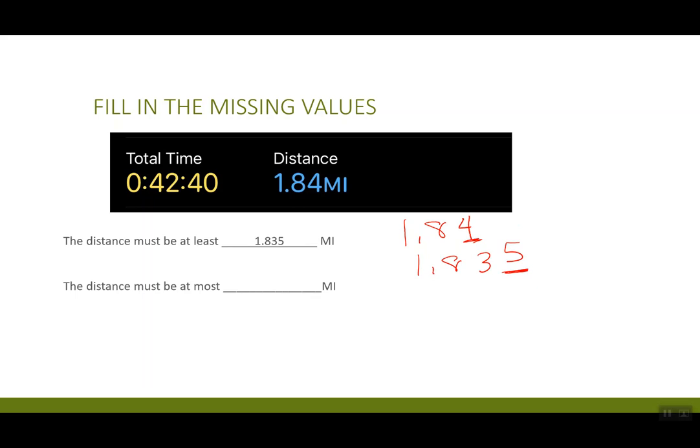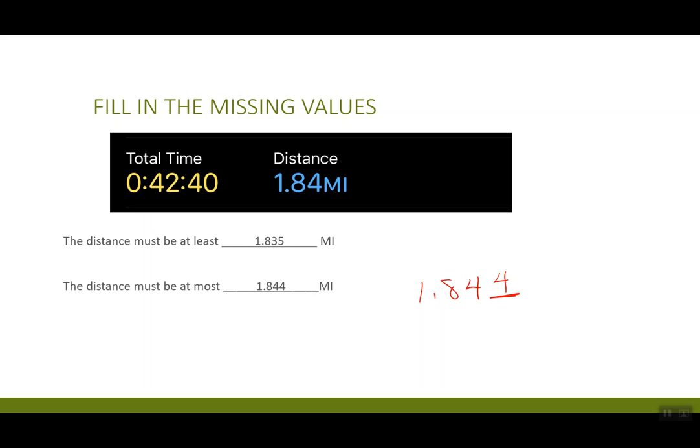When I go down, it's a 5. And then when I go up, I go to 4. So I think I had the 1.84, but then I said add one more digit, and if that digit's a 4 or less, it's still going to round to 1.84. So the 5 and the 4 is very consistent.